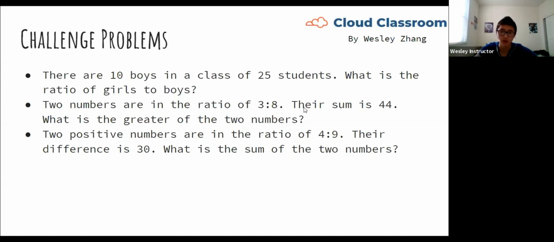So the ratio of the greater number to the sum will be 8 to 11, and the actual sum is 44. So that means I want to get the number 11 into 44. So I just multiply both numbers by 4. So 8 times 4 is 32. 11 times 4 is 44, and that works. That means the greater number is 32.